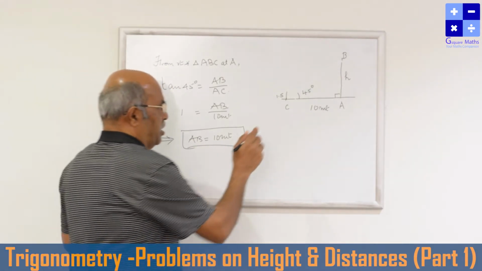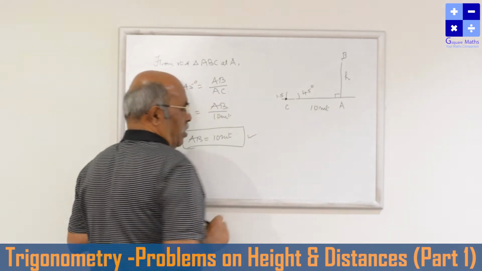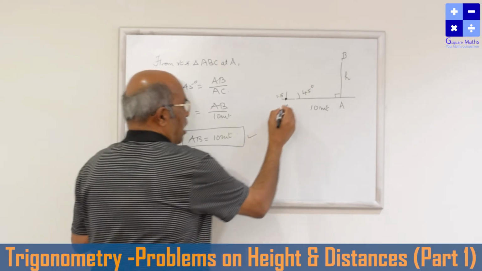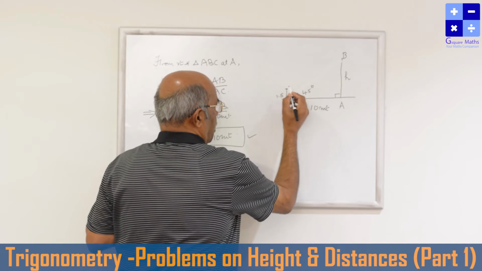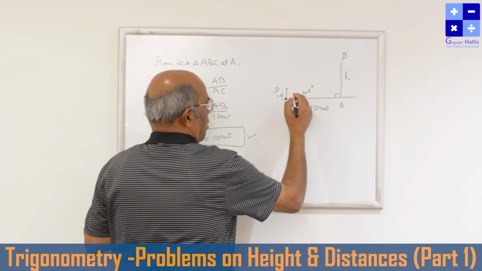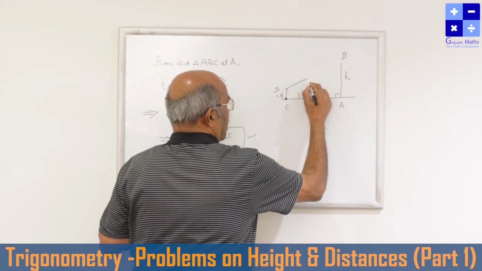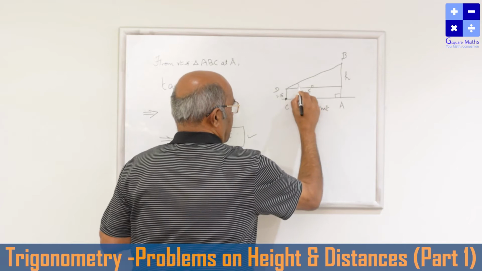Earlier, the eye of the observer was at the point C on the ground level. Now the eye of the observer is shifted 1.5 meters above the ground level. So let CD be the height of the man. He is observing here. This angle is 45 degrees.